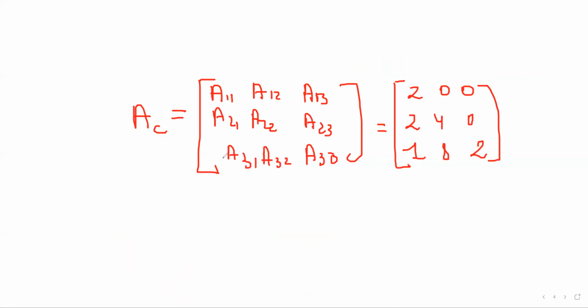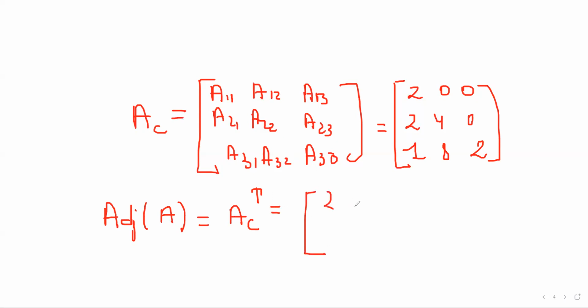We are going to take the transpose here. The classical adjoint of A, or adjugate of A, is the matrix which is the transpose of this cofactor matrix. Let's write our matrix: 2, 0, 0, 2, 4, 0, 1, 8, 2.